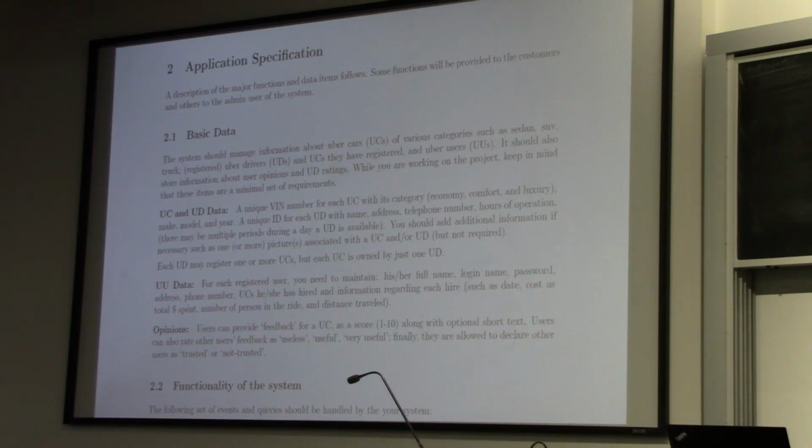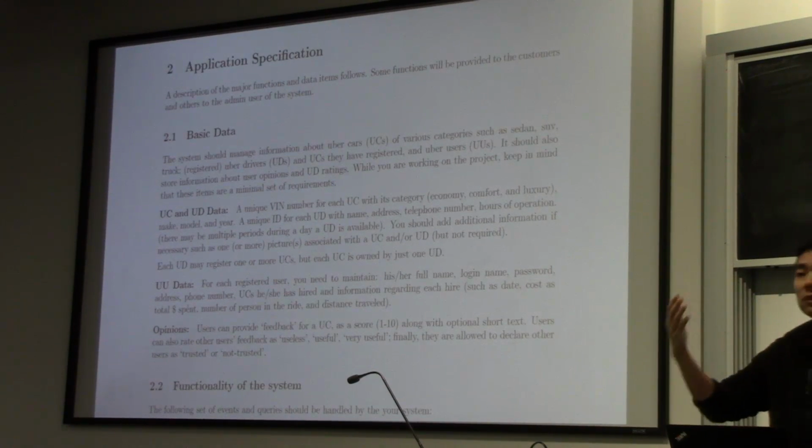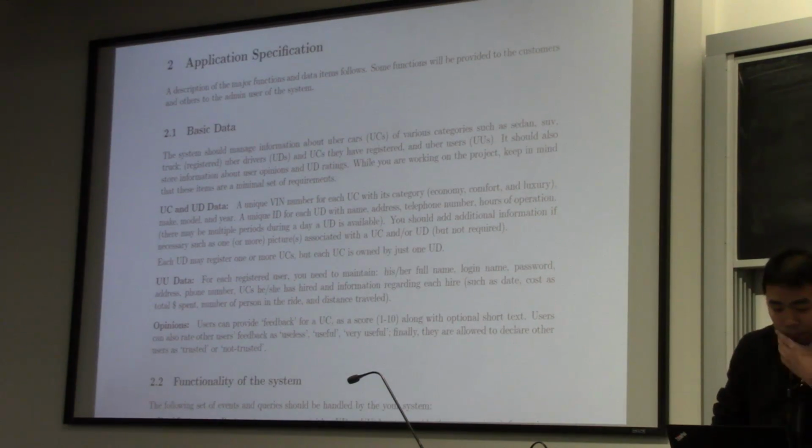For the Uber driver, you document the name, SSN, and the availability, the time she or he is willing to drive during the day. I don't care about the date, but I care about the hours during a day, any day, that the driver is available. Then I have Uber users. So those are some basic data. Any question on this part? Those are the three basic entity sets in our design.